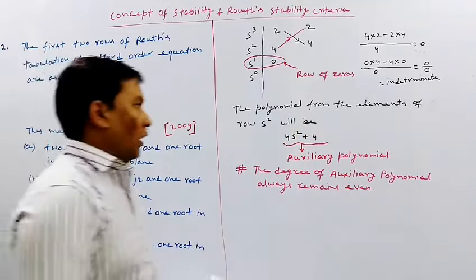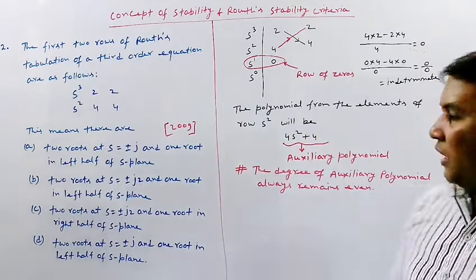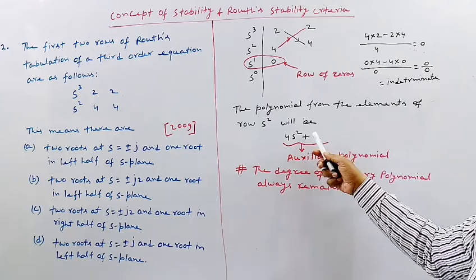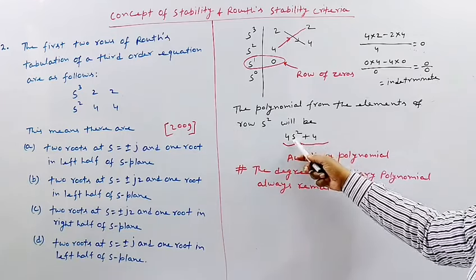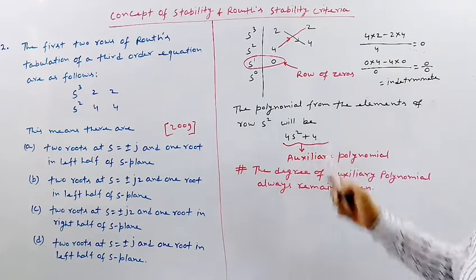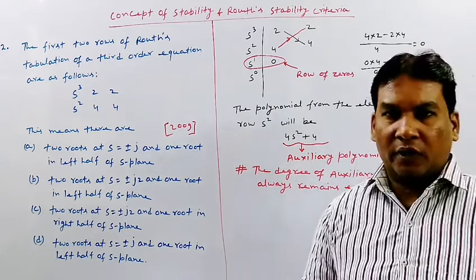Now this auxiliary polynomial, if we express it in equation form, then it will be 4s square plus 4 equal to 0. Then that equation is called auxiliary equation.